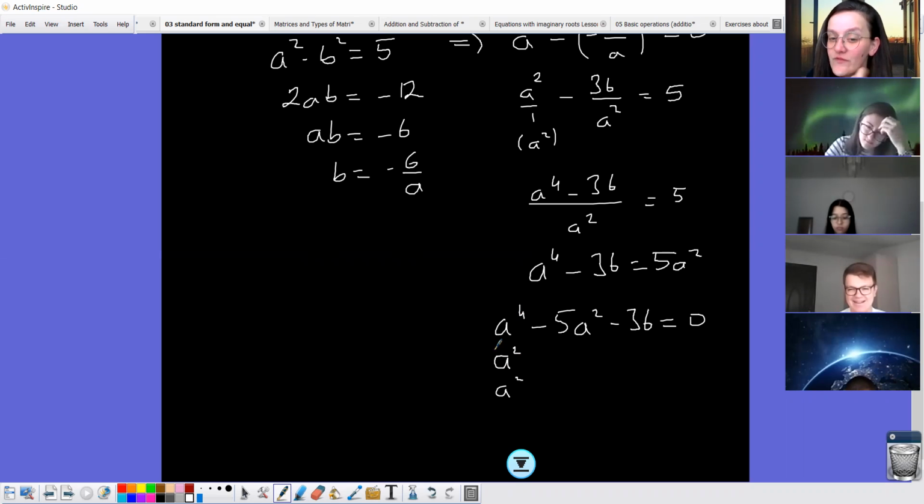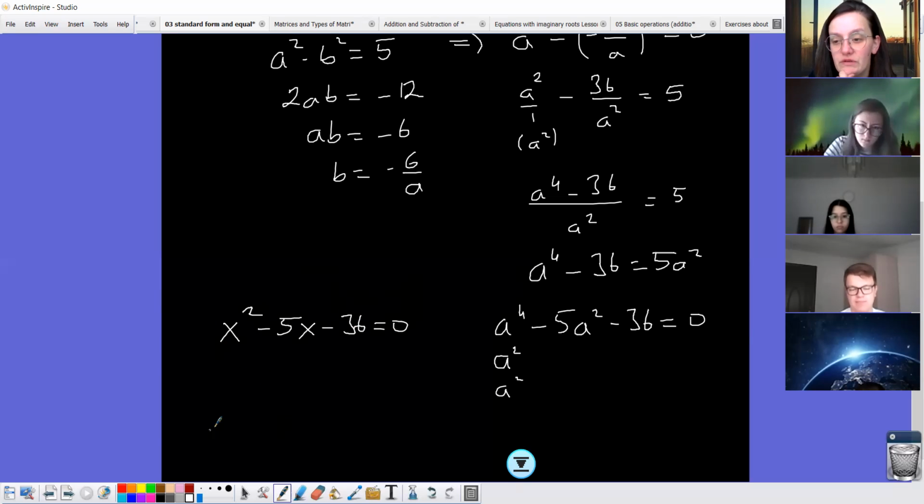For example, if this was written in this form, x squared minus 5x minus 36 is equal to 0, how would you factorize it?